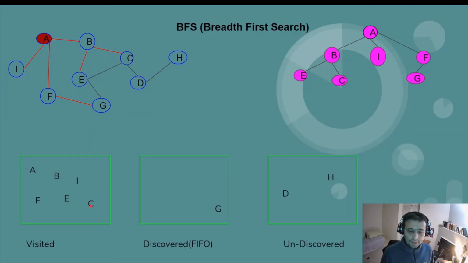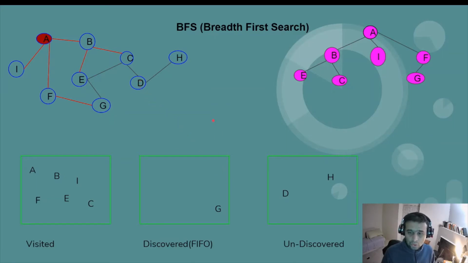Now C is in the visited area, and it's time for us to look for the neighboring vertices of C which are undiscovered yet. And if you see, E is already visited, B is already visited, but D is not. D is still undiscovered.